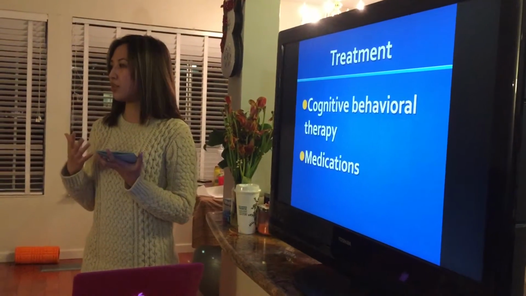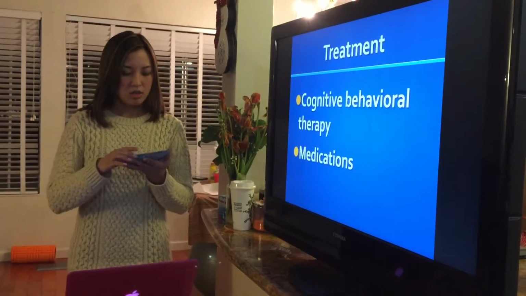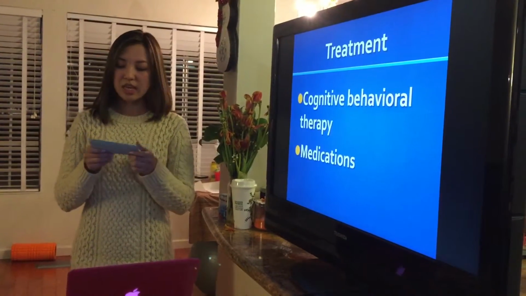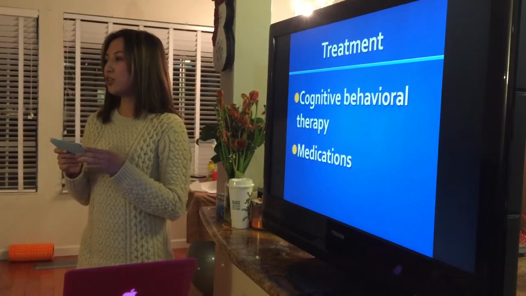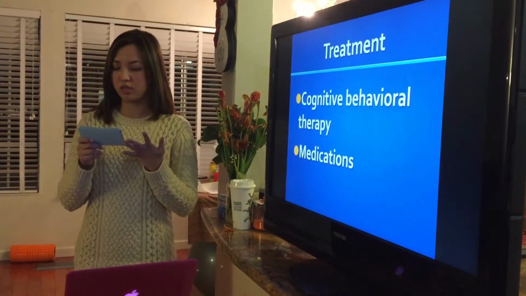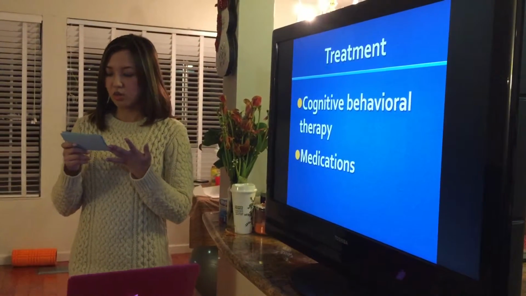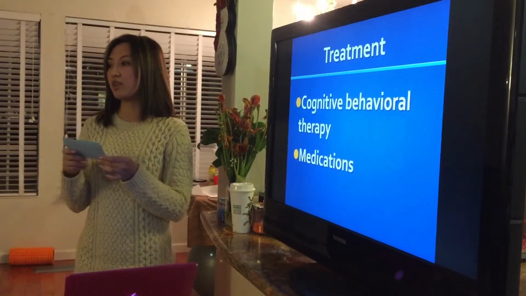Medications are also effective in treating the symptoms of an individual with this disorder. Medications can reduce anxiety levels, making it easier to implement cognitive behavioral therapy techniques and tools. When used together, most people with this disorder experience the greatest benefits of the treatment.